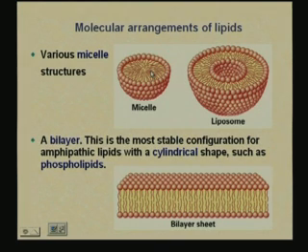Now, when we consider what a liposome is, okay, because we have to consider the way the transport of material occurs in the body. If you have a micelle and you have a polar substance that has to be transported, you understand that it is not going to be possible for this particular micelle to transport it. Why?